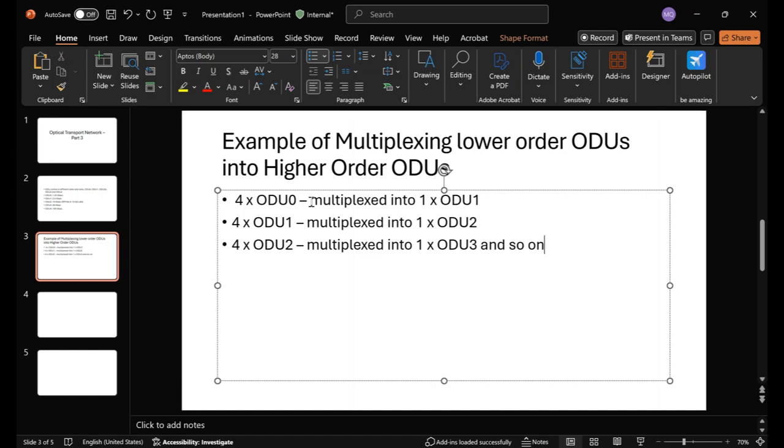This is done using ODU containers and tributary slots.